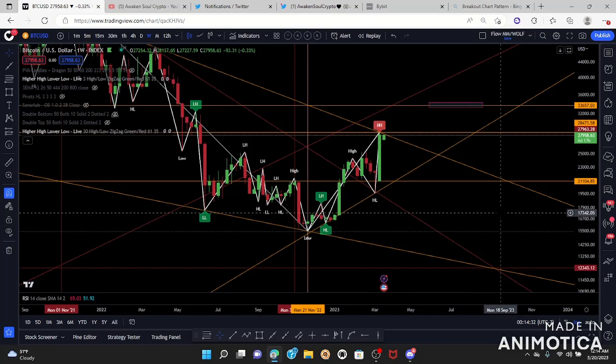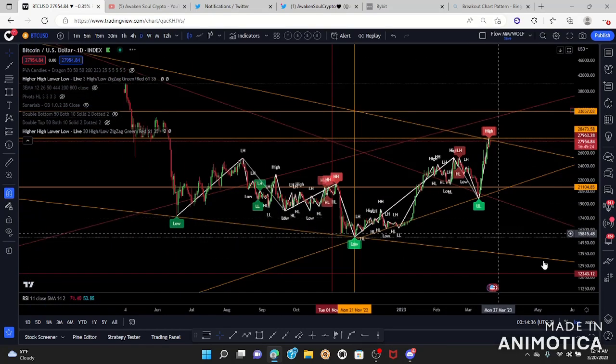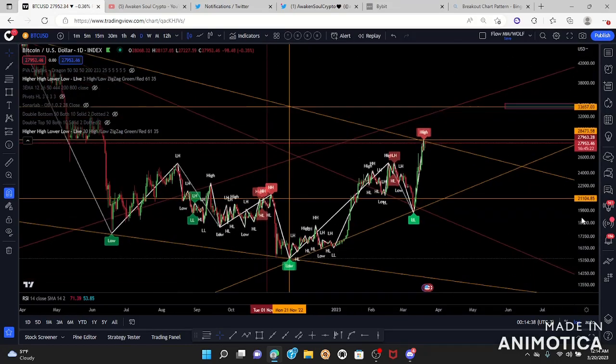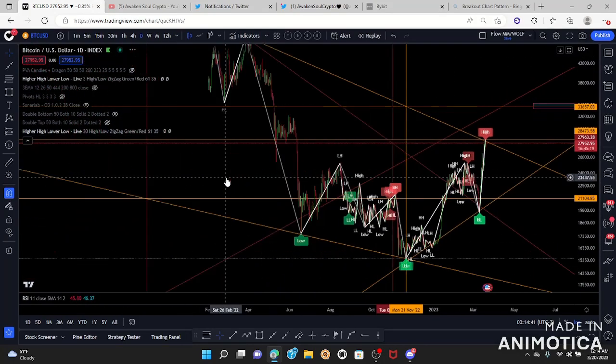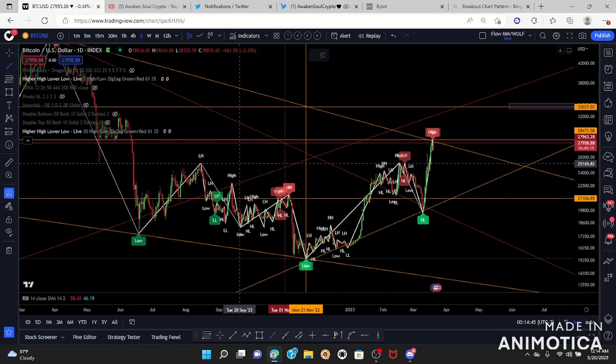I have my range to our daily. Within our daily, I want you to just keep the higher high, lower low, and just look at it. Connect some trend lines, right?